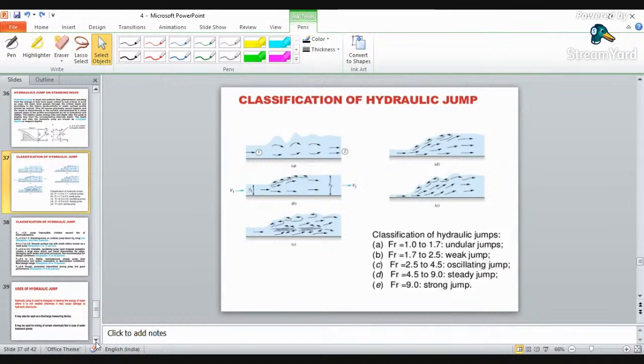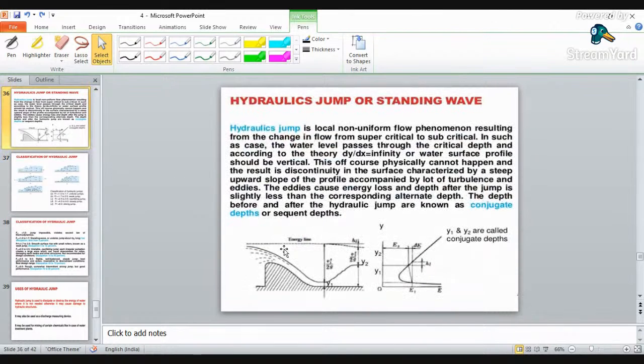Okay, now what is the use of a hydraulic jump? See here, before the jump, we will assume the depth of water as y1, and after the jump we will assume the depth of water as y2. What will be your hydraulic jump depth? It will be simply y2 minus y1.